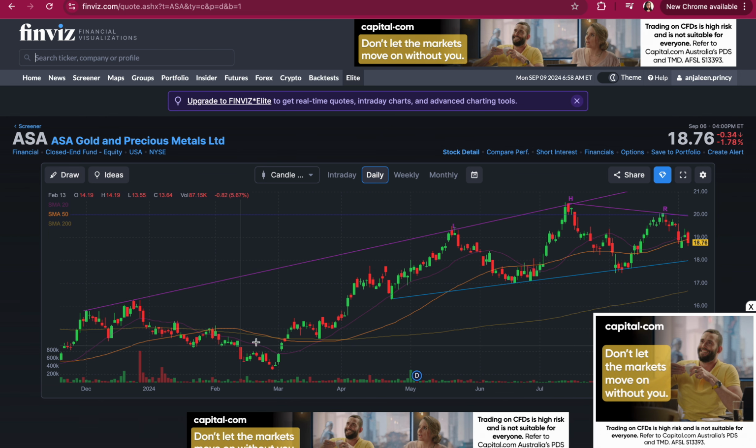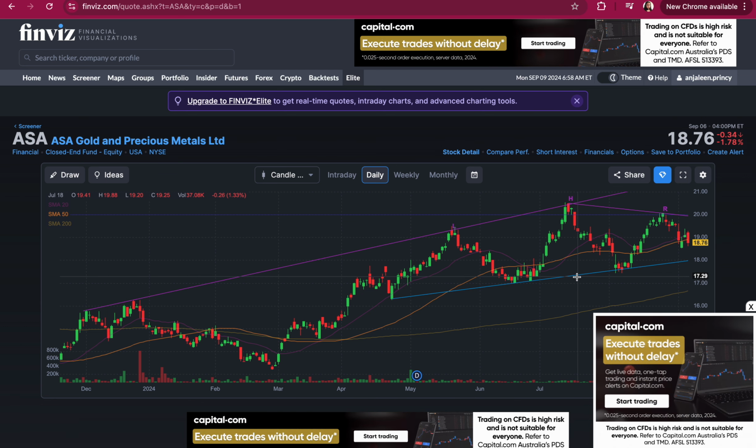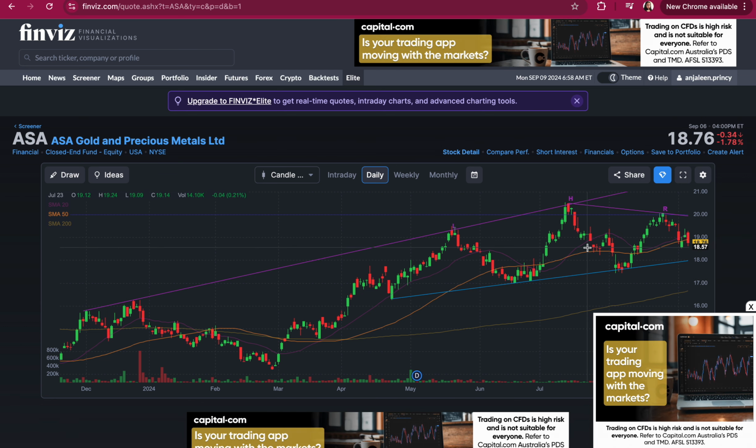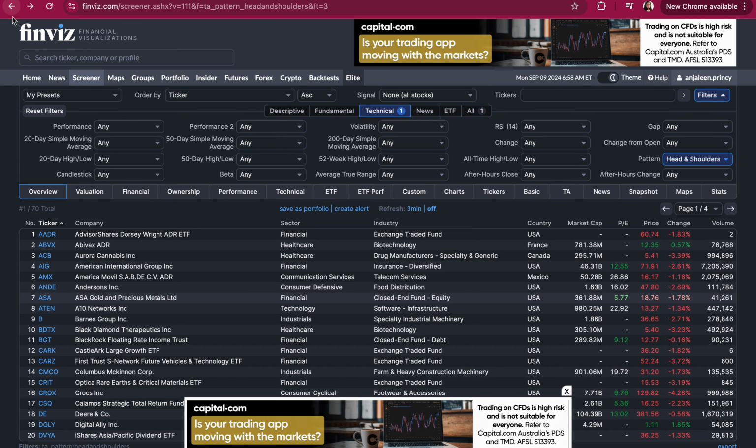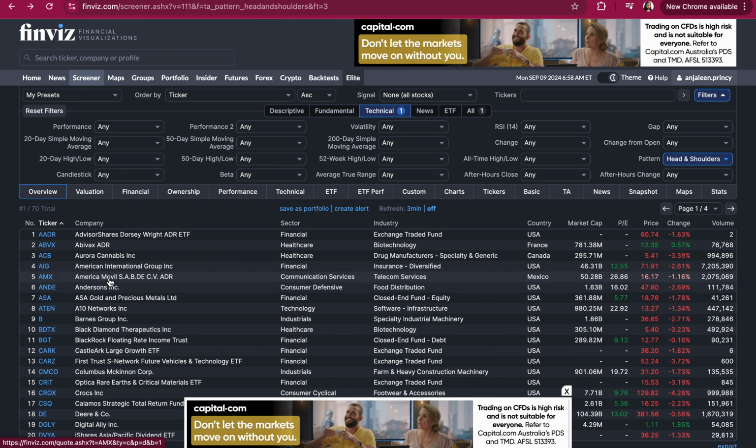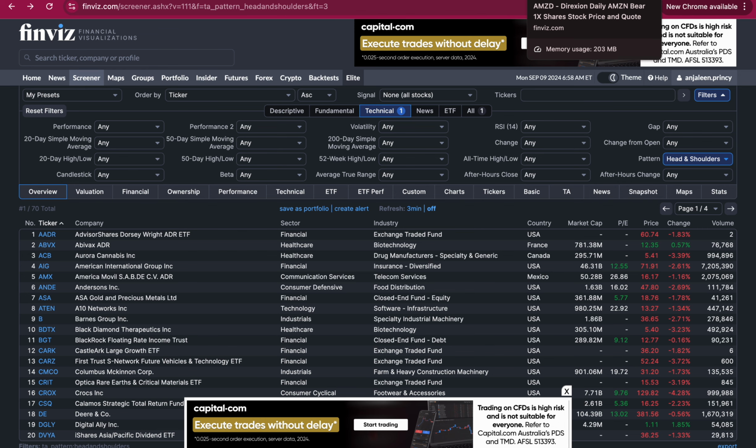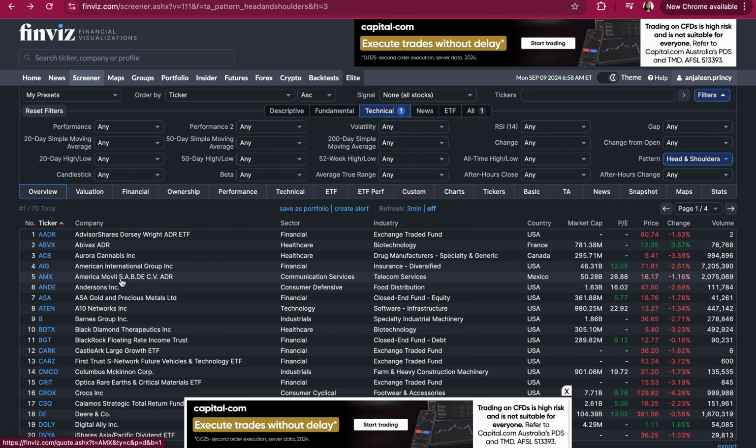But when you look at the overall trend, it's kind of going like a channel up pattern, but in here you can see the head and shoulder pattern. Let's go see some more examples from this filter. I picked up one, maybe this one.